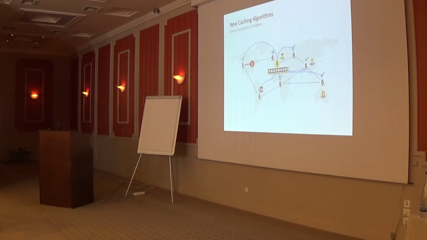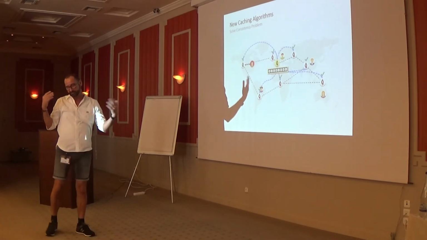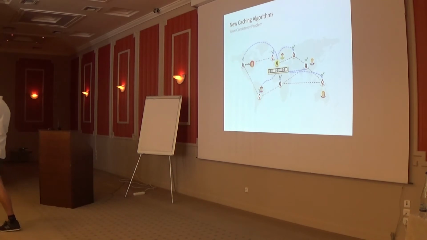If somebody in the backend changes the data, then the caches need to be invalidated. If you look at these caches, you have two kinds. There are things like content delivery networks, which are invalidation-based caches. That means the backend may invalidate the content of the cache. So if somebody changes an object in the database, it can inform the cache that there's a new version and propagate it there.